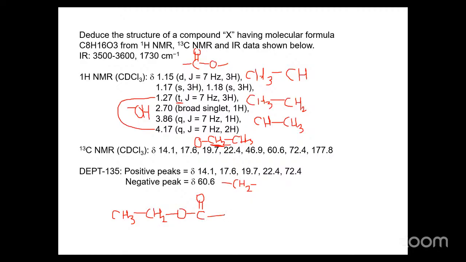Next. What other information can we get? Now 1.15 shows a doublet. 3.86 is for the one proton, it shows the quartet. So 1.15 is coupling with 3.86. Now 3.86 is the next deshielded signal, correct?